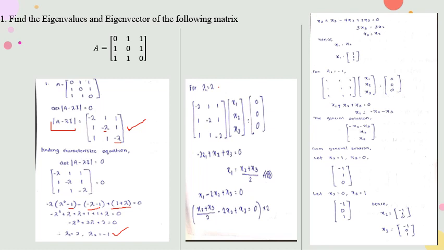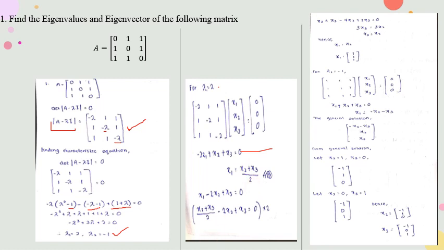we will write the matrix equation here, equal to 0. Here I'm using the first row equation, and after that we find that x1 equals x2 plus 3 over 2.